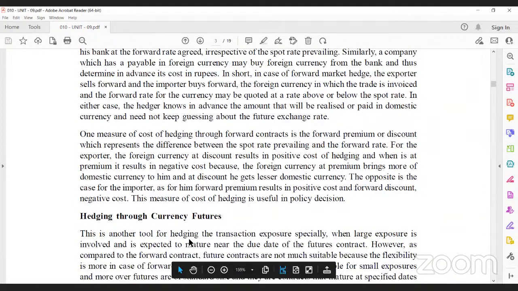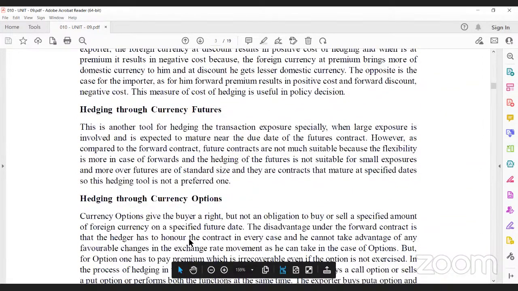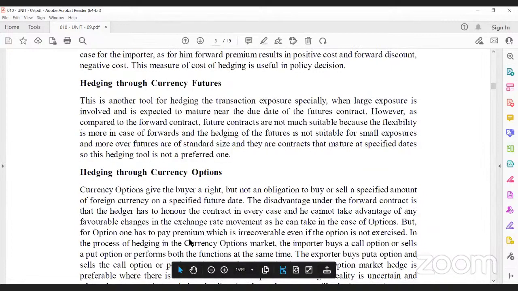Hedging through currency futures. This is another technique which is used in hedging the transaction exclusively when there are large exposures involved and expected to mature near the due date of the futures contracts. These are the conditions. Number 1, large exposure.